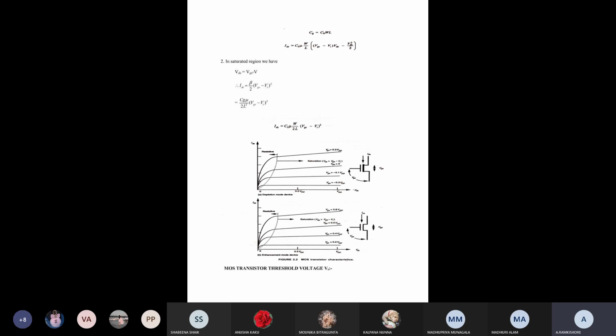Here the vertical line indicates the IDS amount for the enhancement mode and the depletion mode. For the enhancement mode and the depletion mode, the VGS voltage will vary. In case of the enhancement mode, that will be positive values. For the depletion mode, that will consist of negative values to form the IDS current within the MOS device.